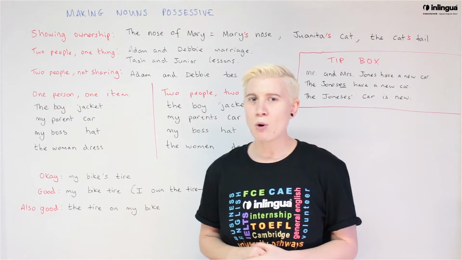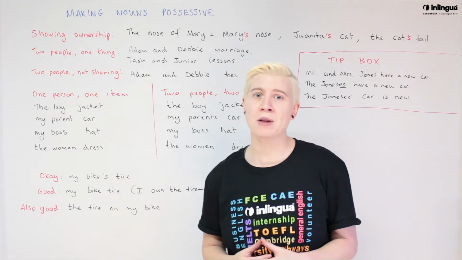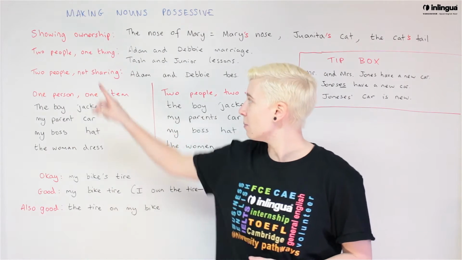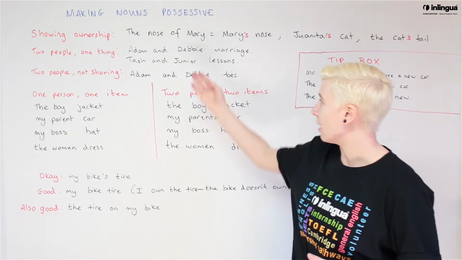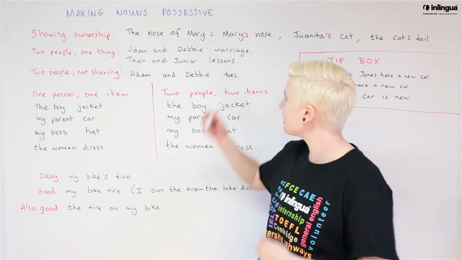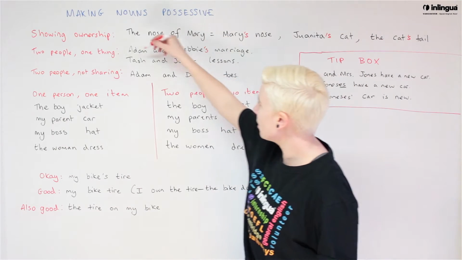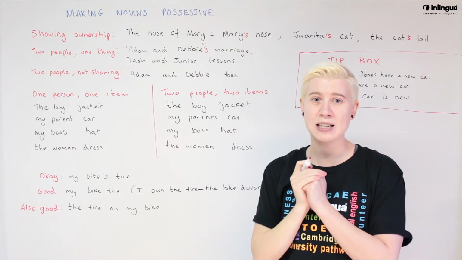But it does get more complicated if we have more than one person or more than one object. When we have two people, but only one thing, we have to show it like this: Adam and Debbie's marriage. So we are treating these two people as a unit together.